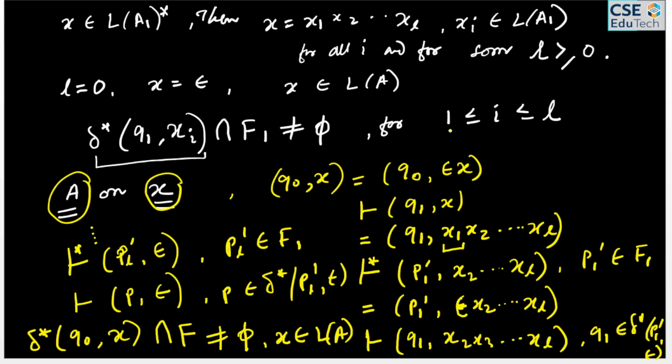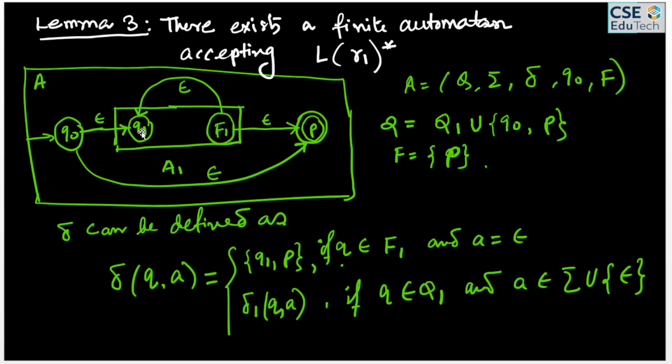Meaning, from q1, after taking x1, we go to some state which belongs to f1, and from here through epsilon moves we come back here. Again and again we repeat this path to process the entire string, and when the string is exhausted and you reach one of the final states of f1, through epsilon moves you go to the accepting state p, and the string is accepted.